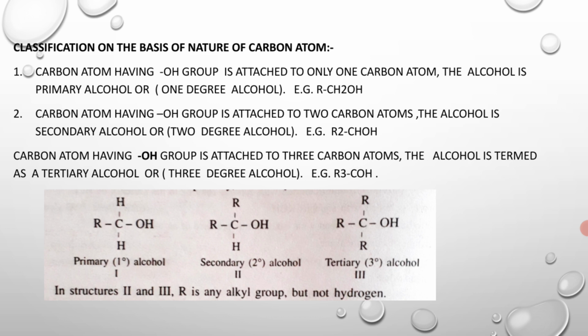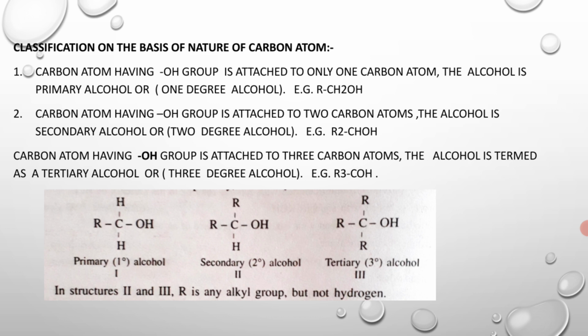R2CHOH is the secondary alcohol or 2 degree alcohol. Similarly, when the carbon atom having the OH group is attached to three carbon atoms, it is termed as tertiary alcohol or 3 degree alcohol, where its formula is R3COH.